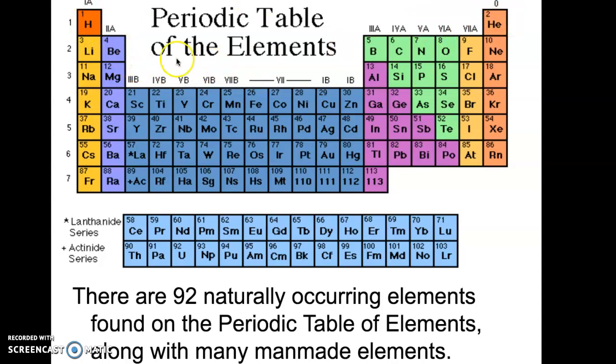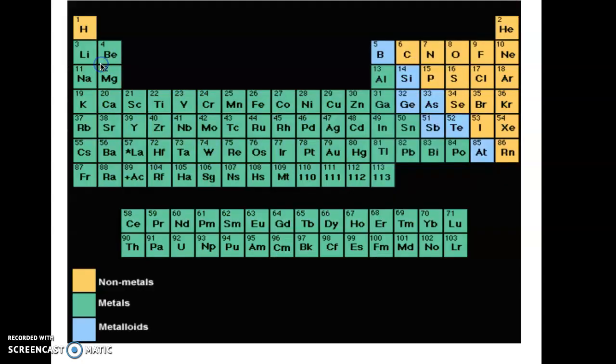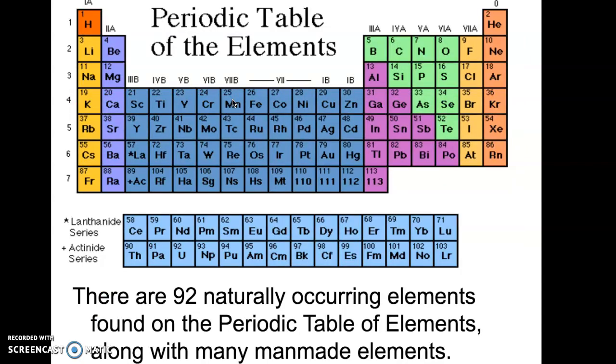So as you read the periodic table like you would read a book from left to right, we are increasing the number of protons. There are 92 naturally occurring elements found on the periodic table of elements, which is what you're looking at right here, along with many man-made elements.